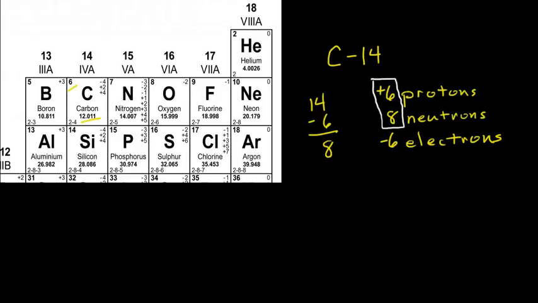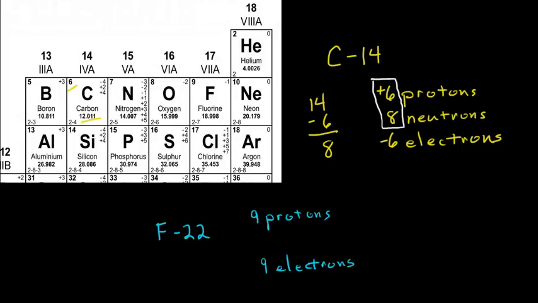Let's do one more quick one. Let's say, I don't know, fluorine 22. I don't even know if this isotope exists. I'm just making it up. All right, so since it's a fluorine, it's going to have nine protons, and it will have 9 electrons.